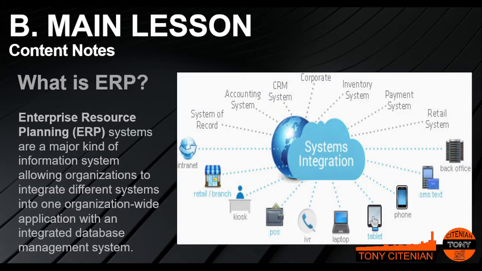As shown in the illustration, the components of system integration have different activities, functions, and ways of transmission. For example, in a scenario of paying your bills, internet bills, electric bills, water bills, we have different ways of paying our payments.